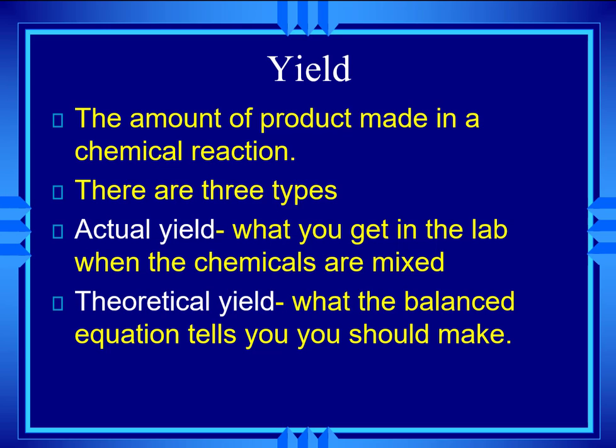The theoretical yield. And that's actually the most you should make. Because if everything goes perfectly, you make the most you can. If anything goes wrong, you make less than that. Is that a reasonable way to look at it? So the theoretical yield should be bigger than the actual yield or the same size.